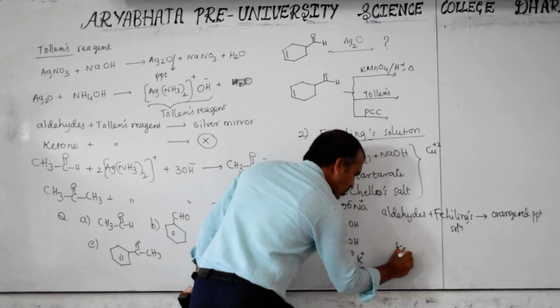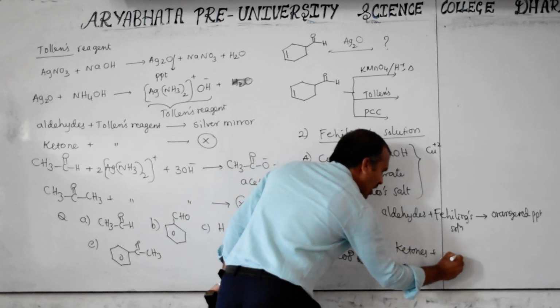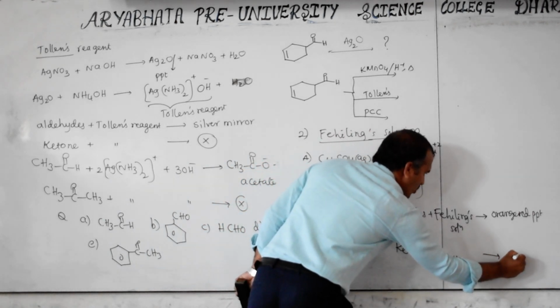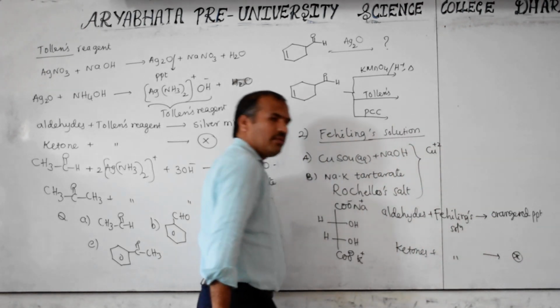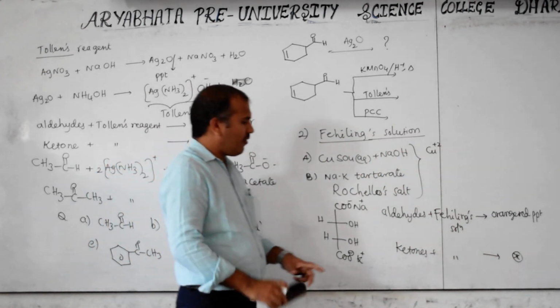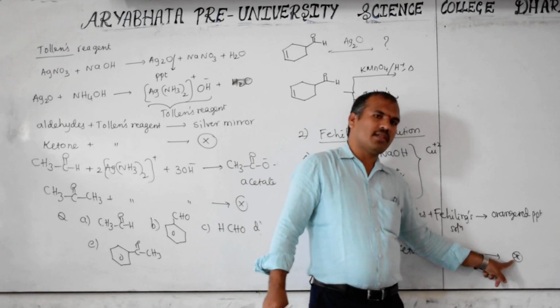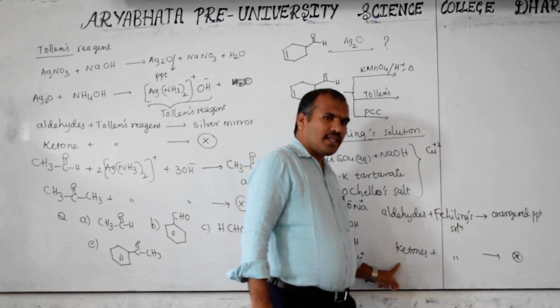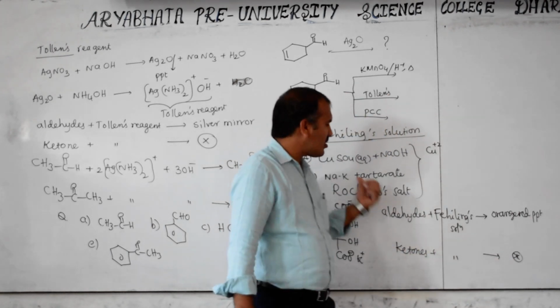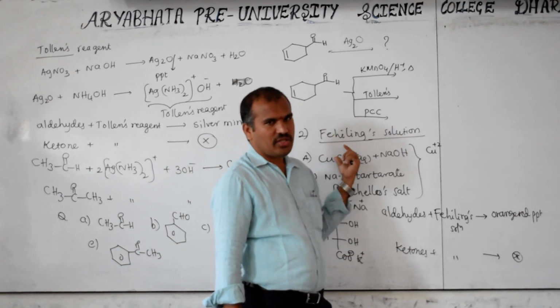If you take ketones with Fehling solution, there is no orange-red precipitate. If not, you have to consider that ketone is not oxidized by Fehling solution because it is also one of the mild oxidizing agents.